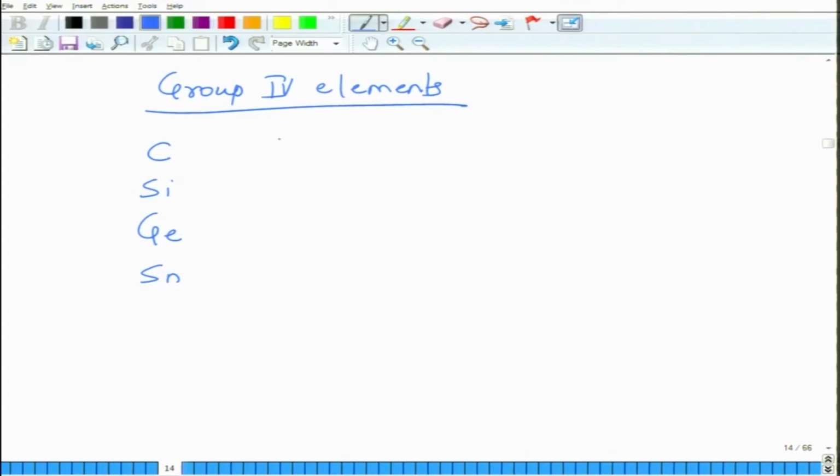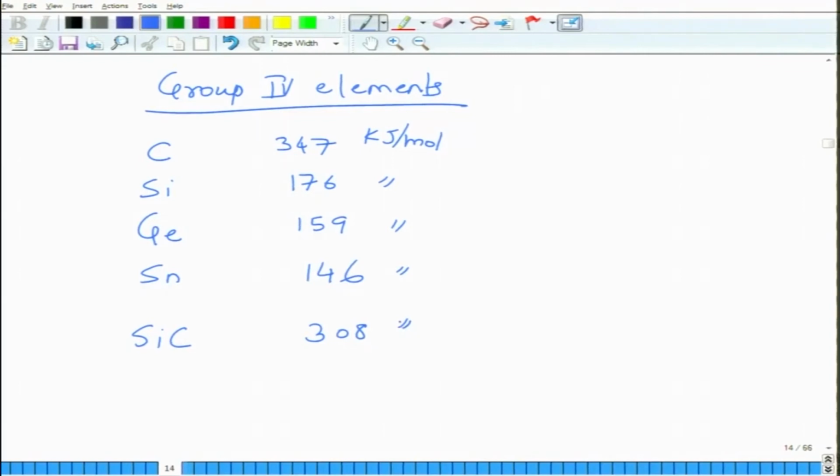And if I look at the bond energy, diamond has 347 kilojoule per mole, silicon has 176, germanium has 159 and tin has 146, and I compare this with another material which is silicon carbide, which has 308.